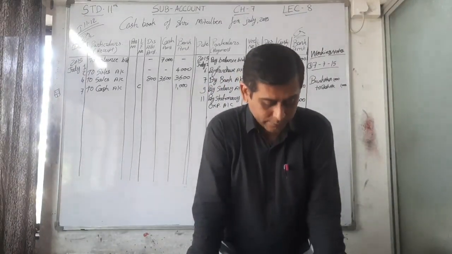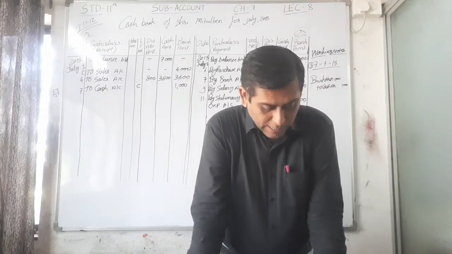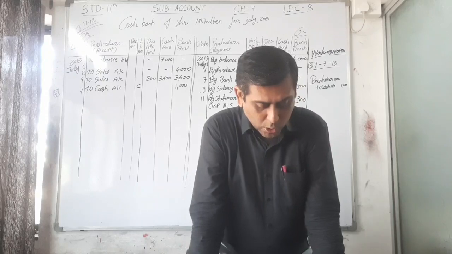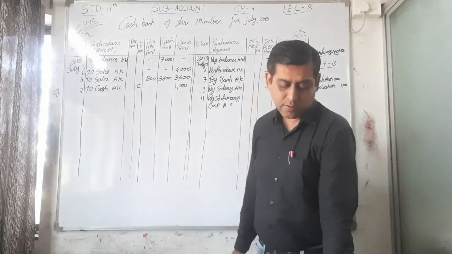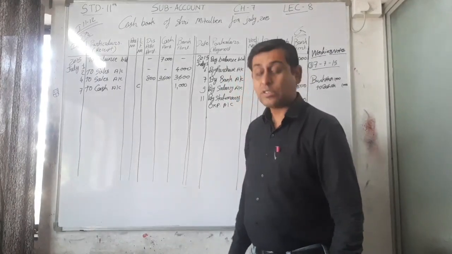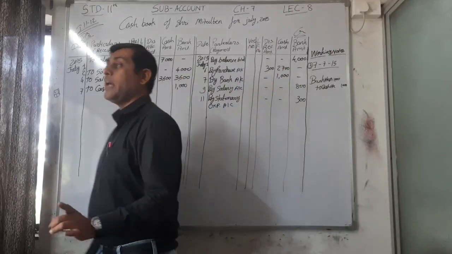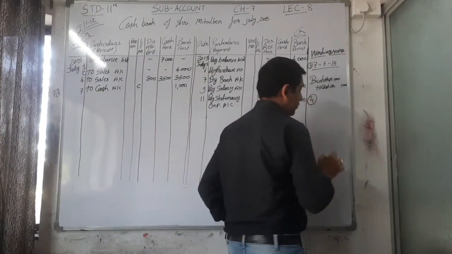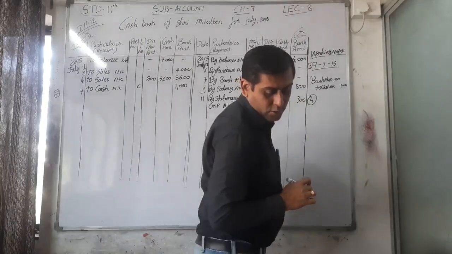Now the 14th. Deepak paid rupees 5,900 by cash towards a total debt of rupees 6,005. See, 6,005 is the total debt. Again, see the working note. Date is 14.